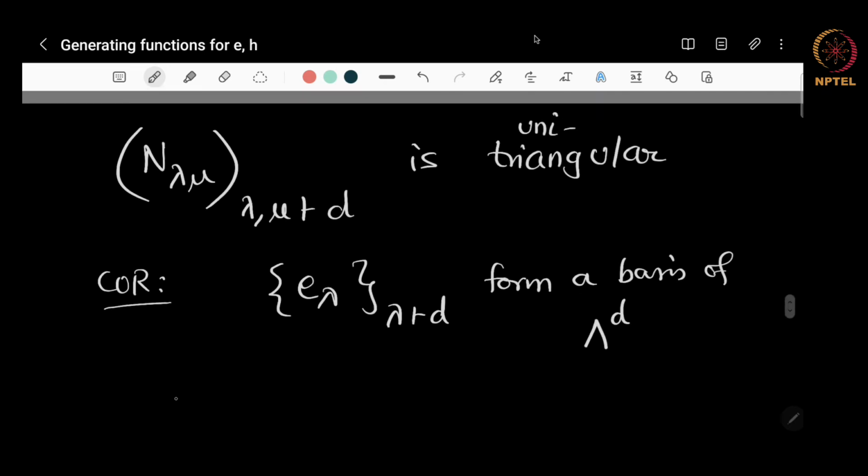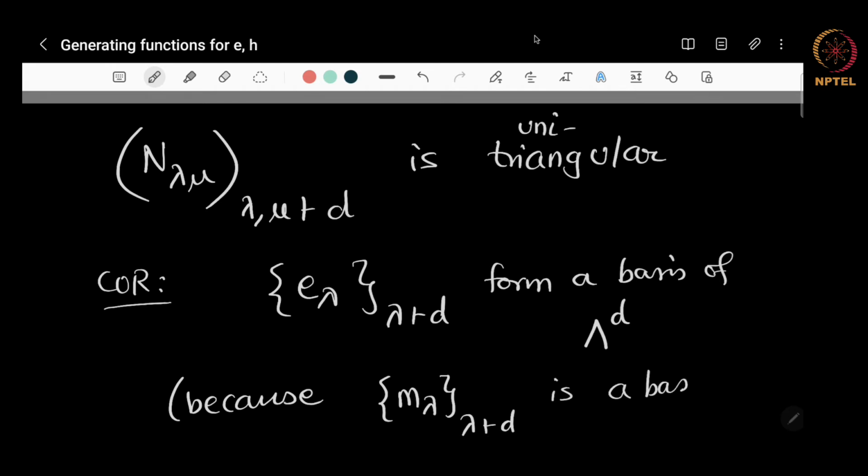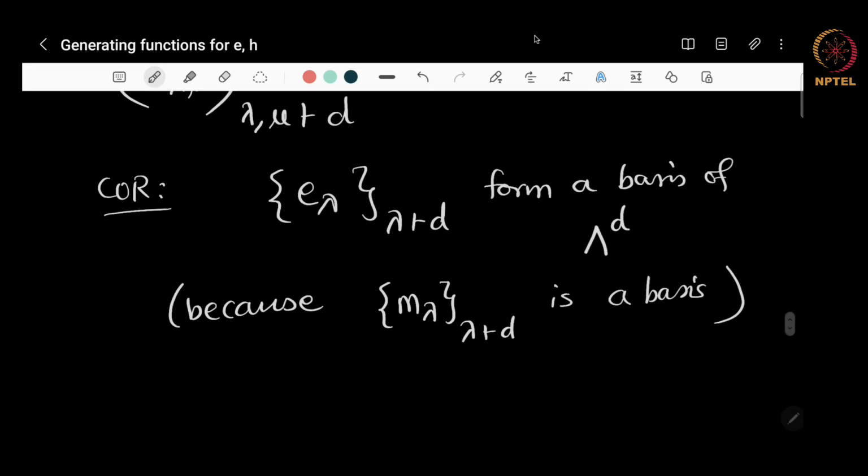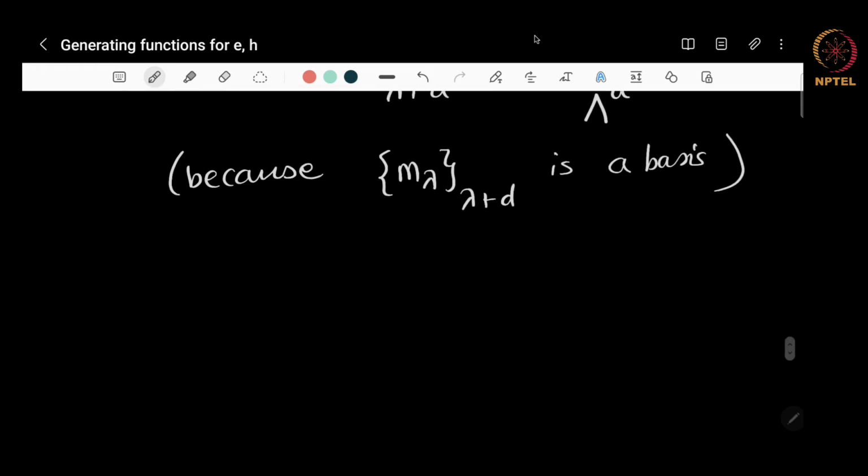Because the matrix is invertible, and we already said this, that the most obvious basis is the monomial symmetric functions. Good, so that's one nice property.